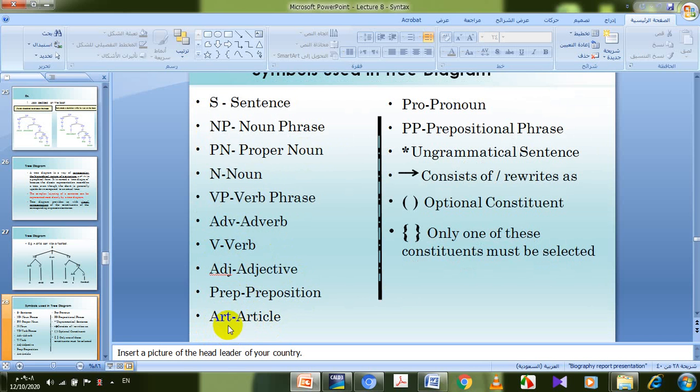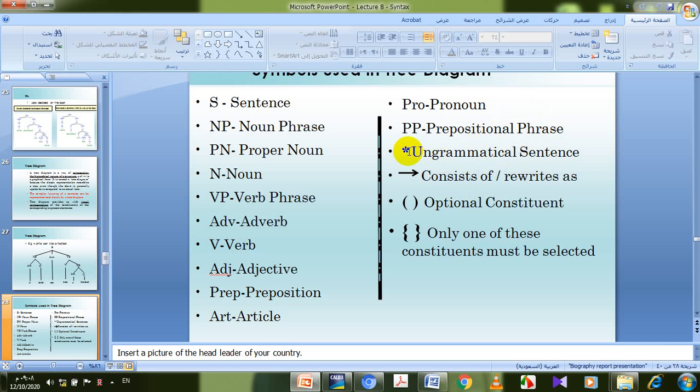The same, determiner or article. Pron, pronoun. PP, prepositional phrase, a group of words starting with a preposition: in the morning, in the sun, under the table, next to the tree, behind the cupboard. So two words, three words, starting with a preposition.